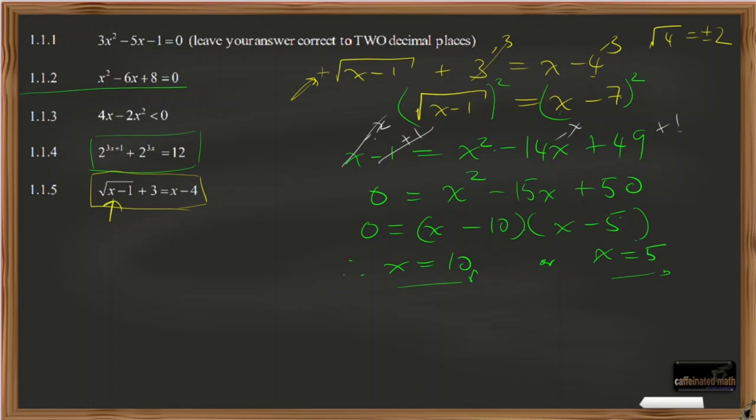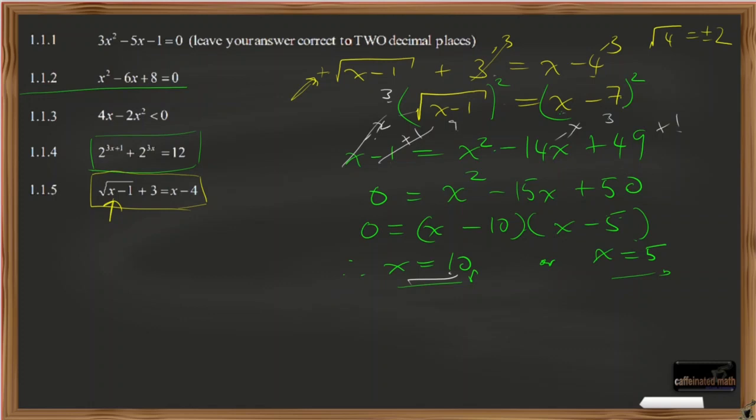Then for the final bit, let's test these values. Well, the square root of 10 minus 1 is going to give us 9. So if we test the value 10 first, we'll get 9 over there, and the square root of 9 is equal to 3. Well, 10 minus 7 is equal to 3. Remember, I'm ignoring the green bits that I squared.